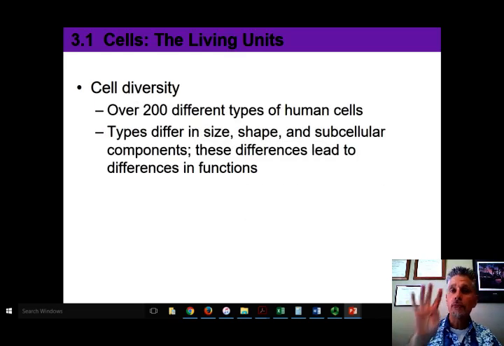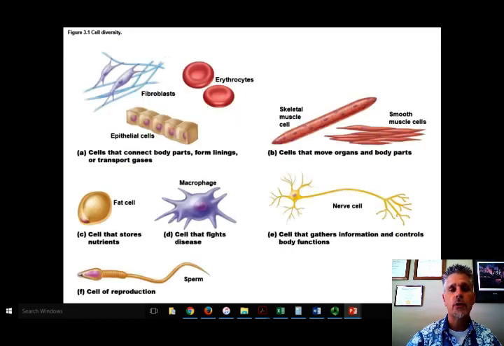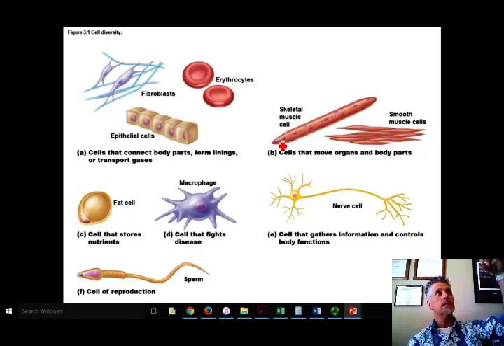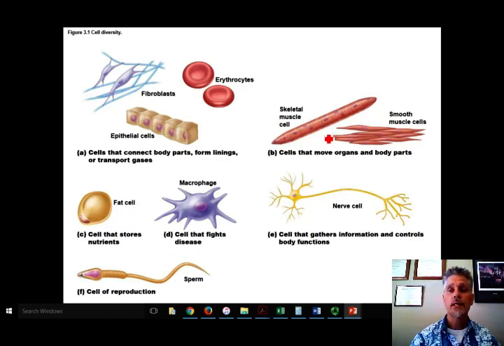So while there are only 4 basic tissue types in the body, and cells make up tissues, remember, there are over 200 different types of human cells. And again, they're very unique in terms of their structure and function. These just show you a few different types to show the diversity, even within a particular category. If we look at muscle cells, we have really long skeletal muscle cells that can be almost the length of an entire muscle, versus cardiac muscle cells or smooth muscle cells that are very small and very different in shape.